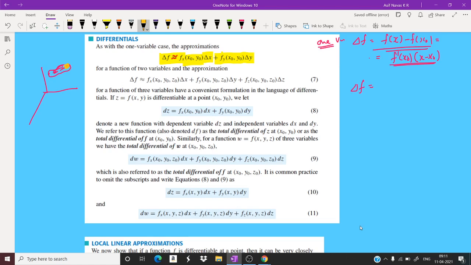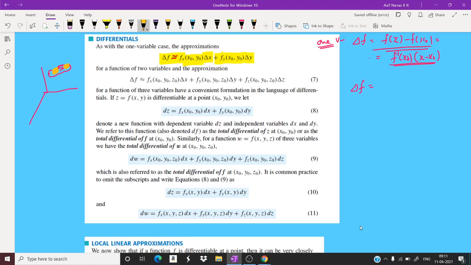That means a small portion around a point is approximately equal to a plane, and the best approximation of that plane is the tangent plane. So we will approximate values of f of xy by using a plane, and that plane is called a tangent plane. That is our idea.